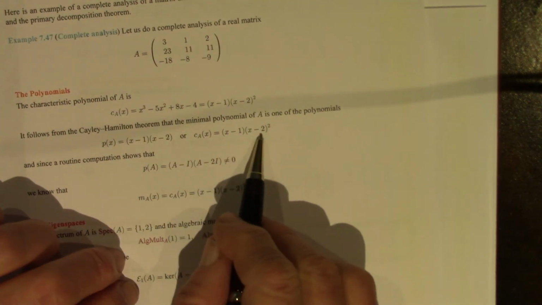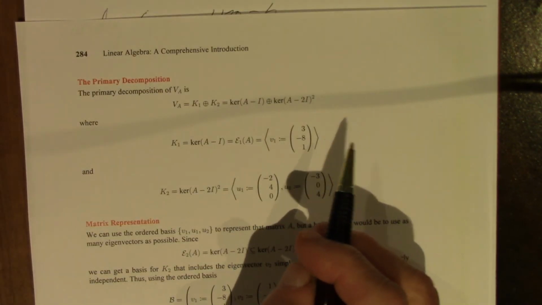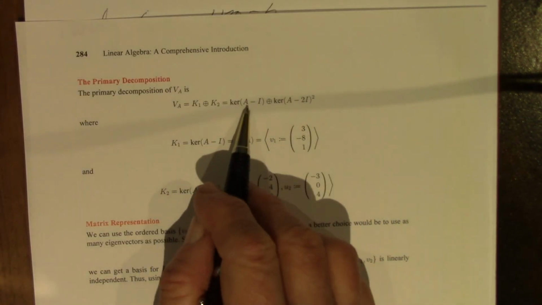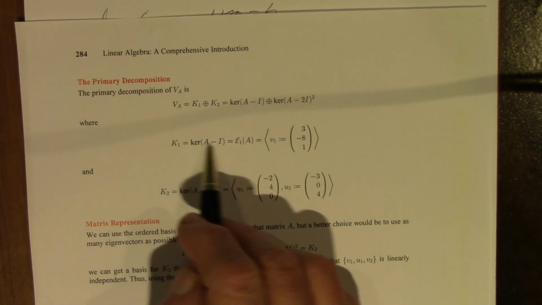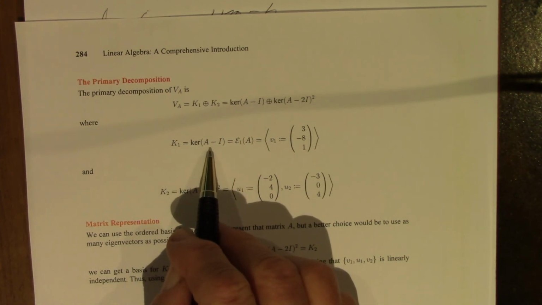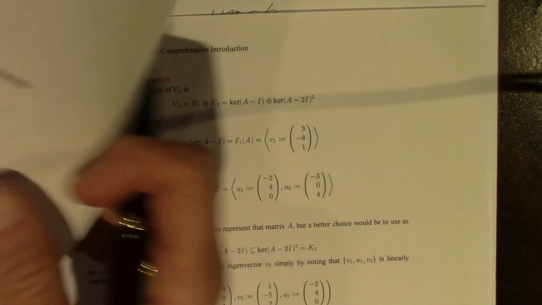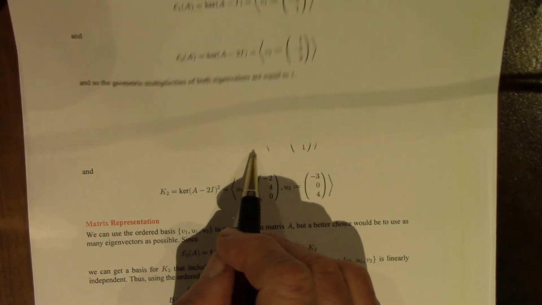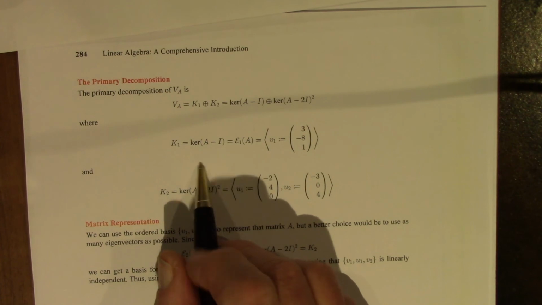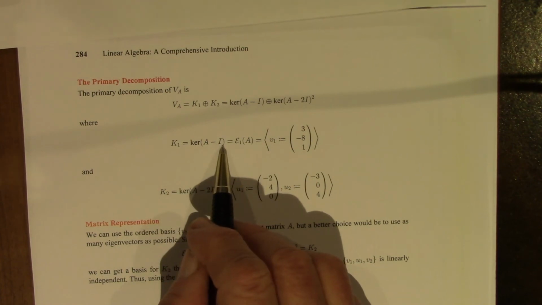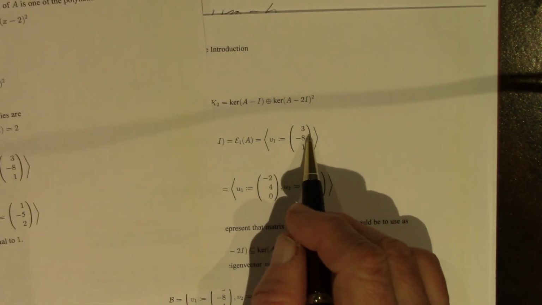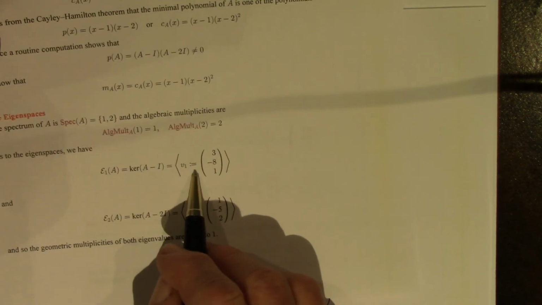So it's right here. The kernel K1 is the eigenspace that we already computed. Yeah, here it is, same thing as we had before.